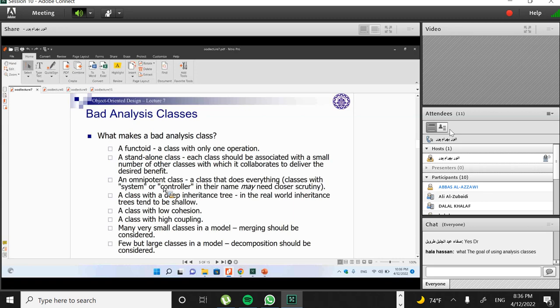Another feature of bad classes is being omnipotent. What's the meaning of omnipotent? A class that does everything, able to do everything.